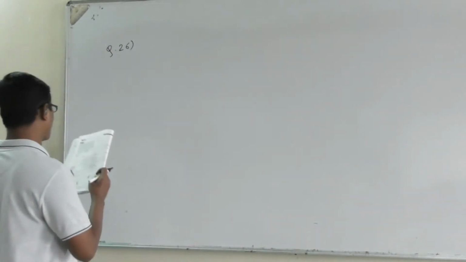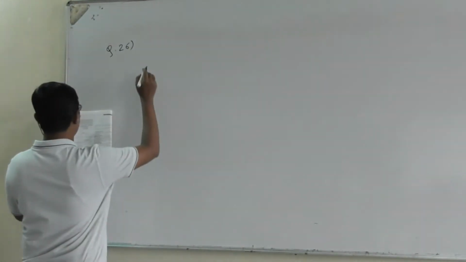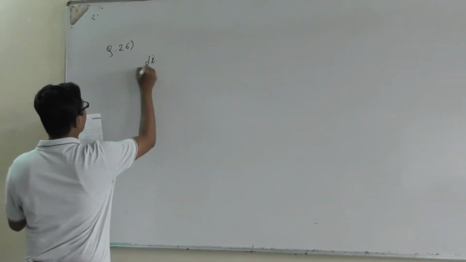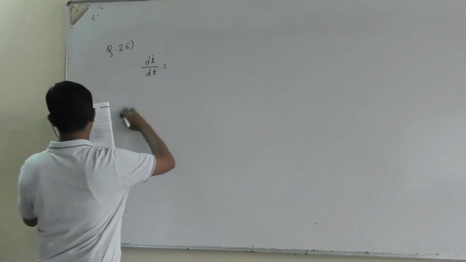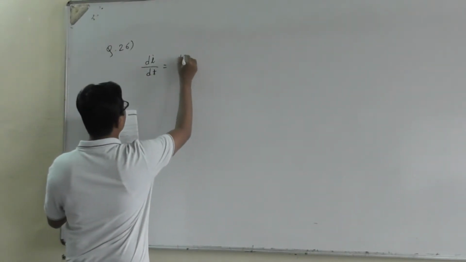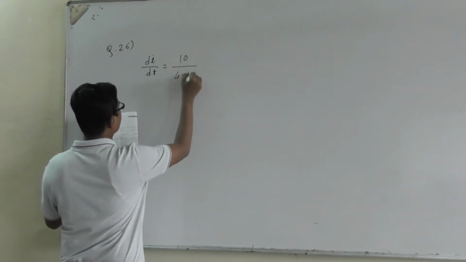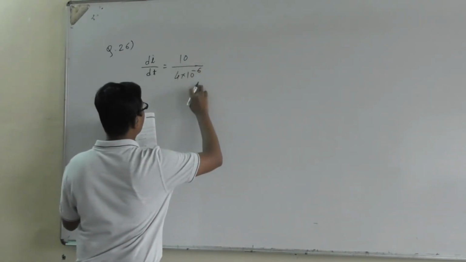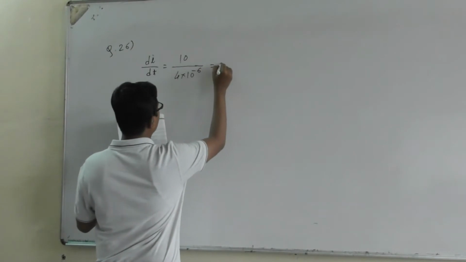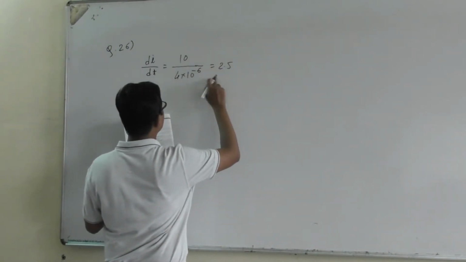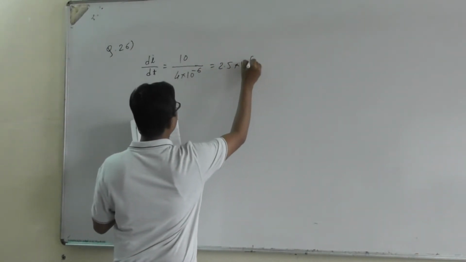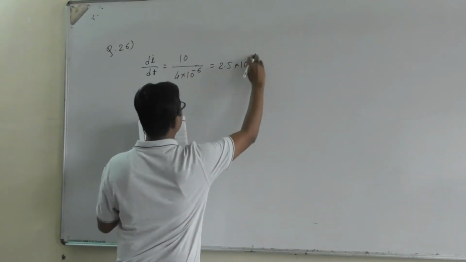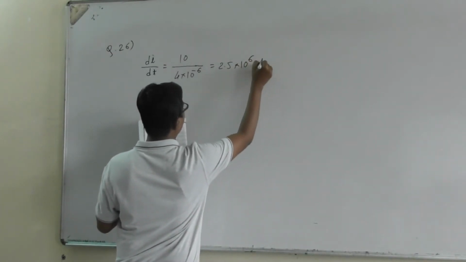Okay, so please note the given data. It is given that di by dt is equal to 10 ampere in 4 microsecond, right? So it is 10 by 4 into 10 to the power minus 6, so it is 2.5 into 10 to the power 6 ampere per second, right?